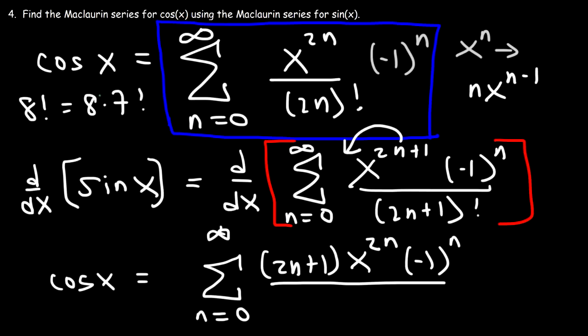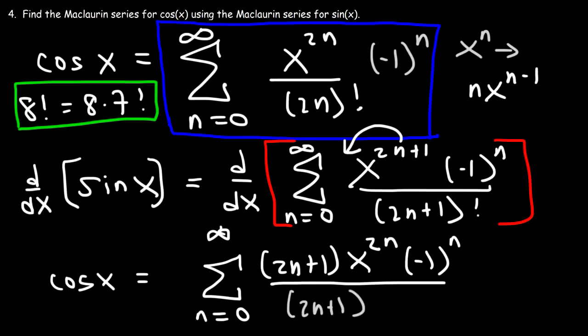And so we're going to do something like this. First, we're going to write the first number, in this case 2n plus 1. And then the next number is going to be 2n plus 1 less 1, just like to get the 7 is 8 minus 1. So the next number is 2n plus 1 minus 1, which is 2n factorial.